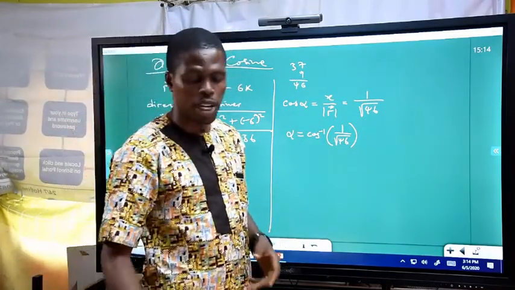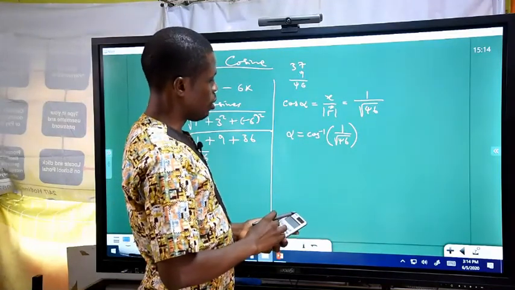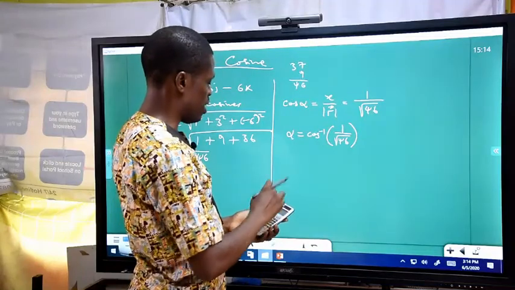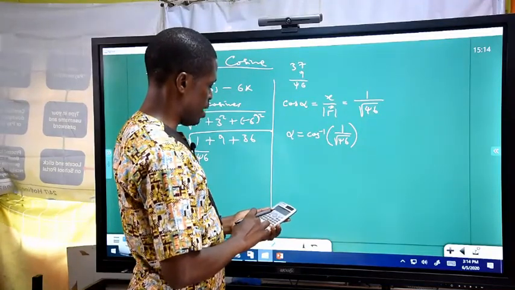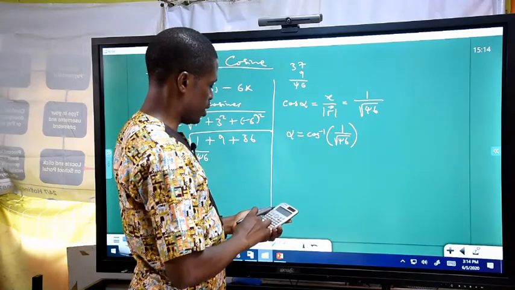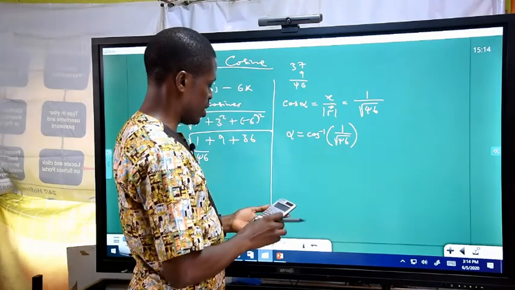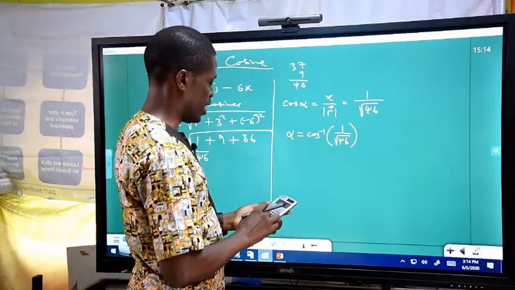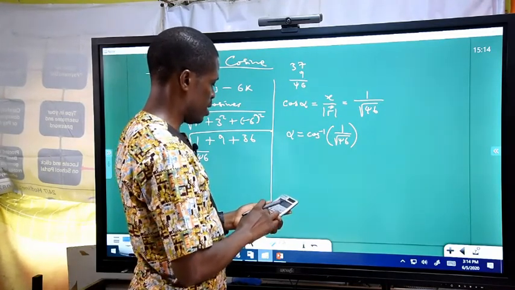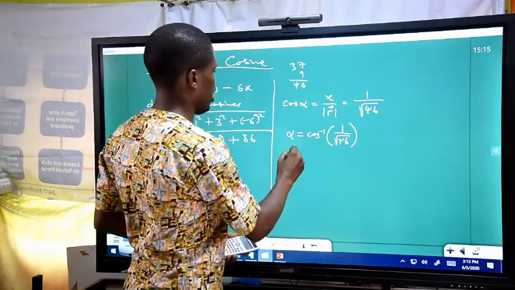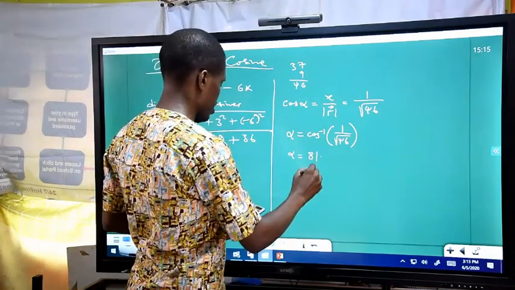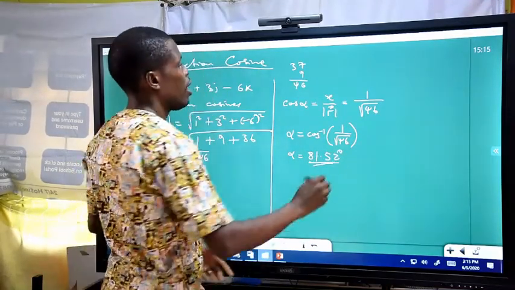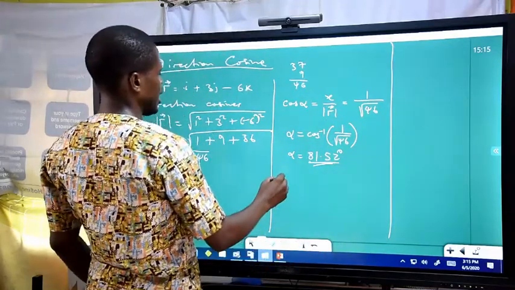Taking the inverse cosine function of that, we have alpha equal to 81.52 degrees.